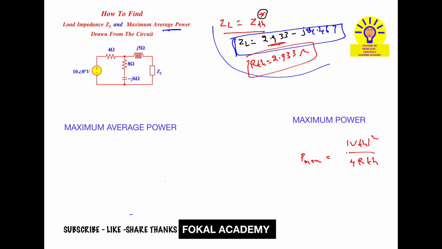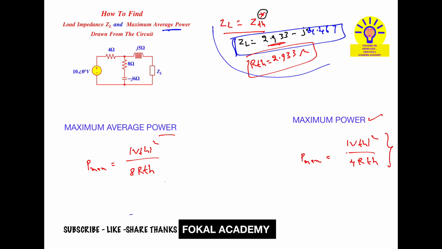This is the maximum power formula. From that, to get the maximum average power, it is Pmax equal to the magnitude of VTH squared upon 8 RTH. Here we have a problem on maximum average power.